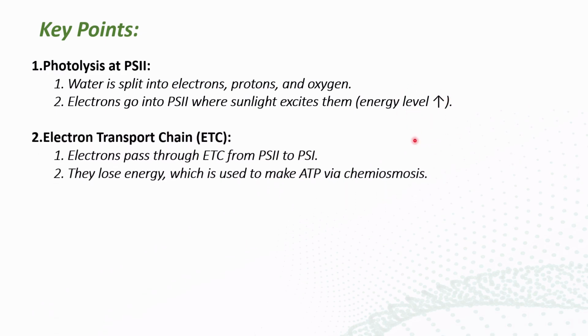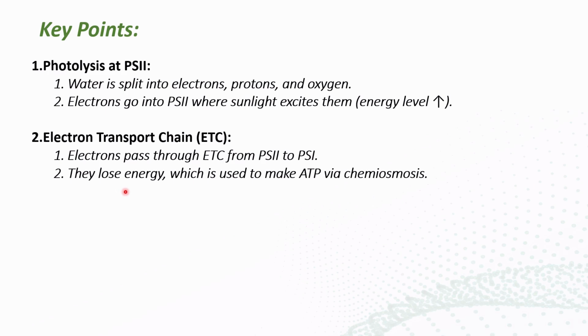If we move on to the second step, it is the electron transport chain, the flow of electrons through carriers like ferredoxin, cytochromes, quinones, plastoquinone pool, plastocyanin, etc. These are all the electron carriers present in the electron transport chain. In this step, the electrons pass through the ETC from PS2 to the PS1 photosystem. When the electrons move through all these electron carriers, obviously they lose some energy.